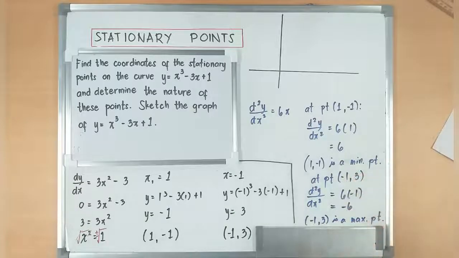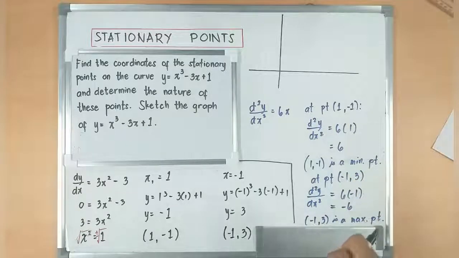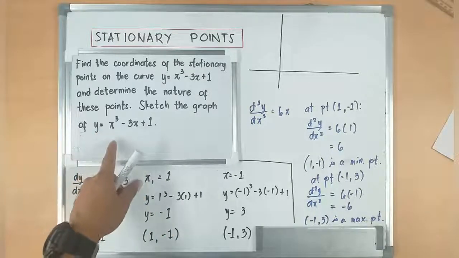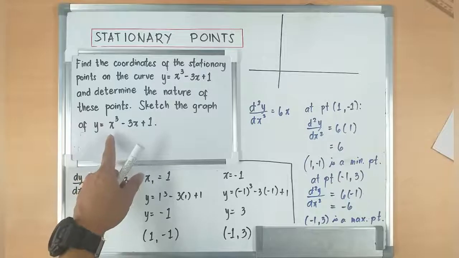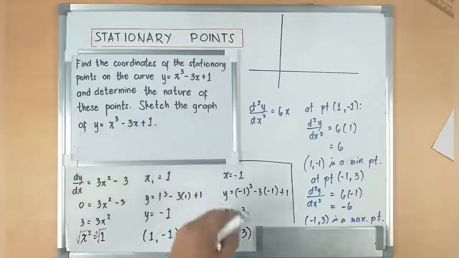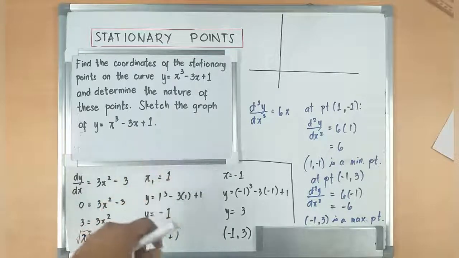I'll have to find out the y-intercept. Okay, y-intercept is 0, 1. Why 0, 1? For the y-intercept, I'll make the x 0. So 0 cubed minus 0 plus 1 is positive 1, so it's 0, 1.